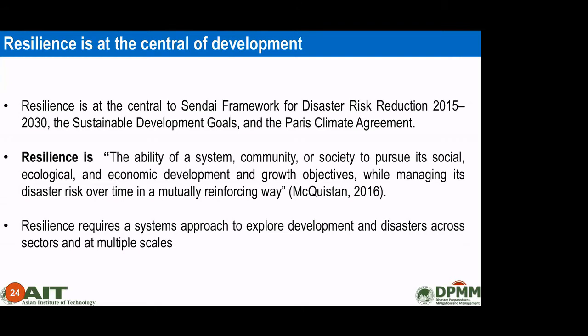This framework provides guidelines to all countries under the UN signatory to follow certain priority areas to develop their capacity on disaster risk management. In short, it is called SFDRR. It primarily talks about resilience and how we can improve it.